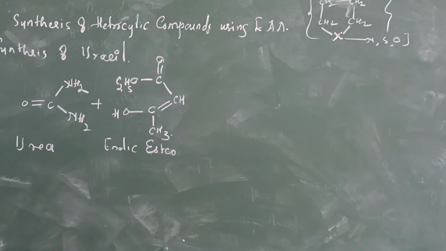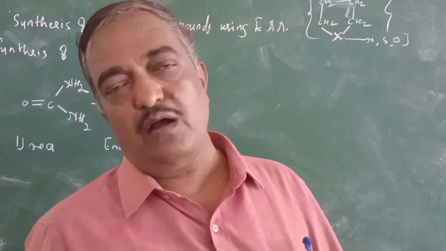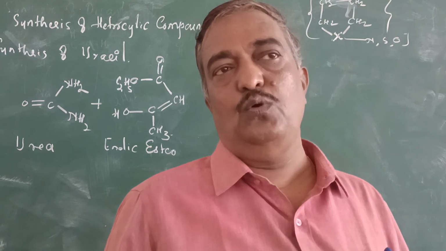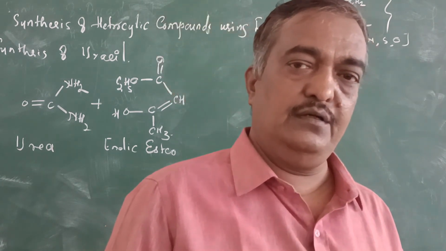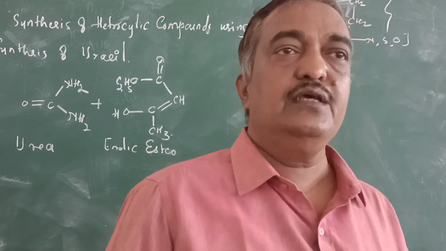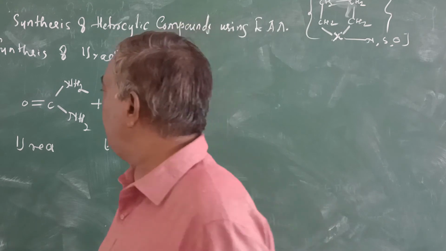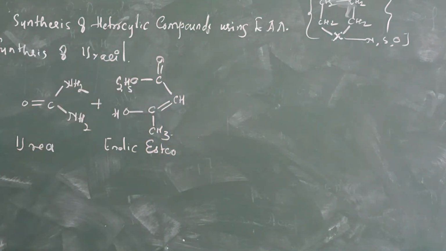Okay, so what is enolic ester? That already you have learned in the keto-enol tautomerism. So, the same compound by the shift of the proton gets converted from ketonic into alcoholic. Such compounds are called keto-enolic tautomers or isomers. So, here I have taken this enolic structure. Now, you may ask how it is possible.